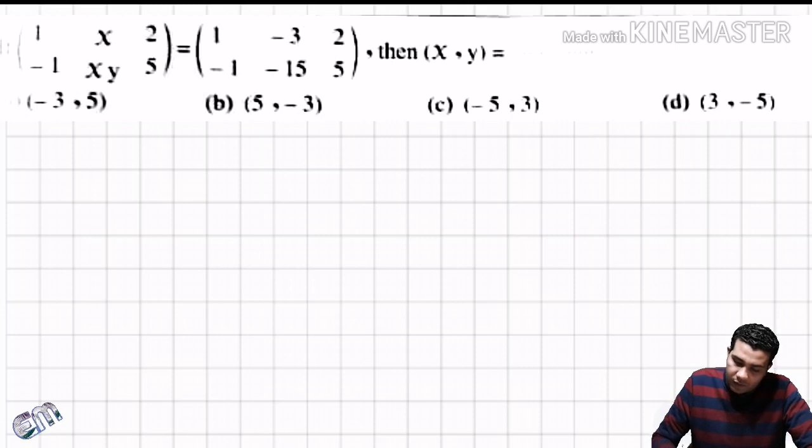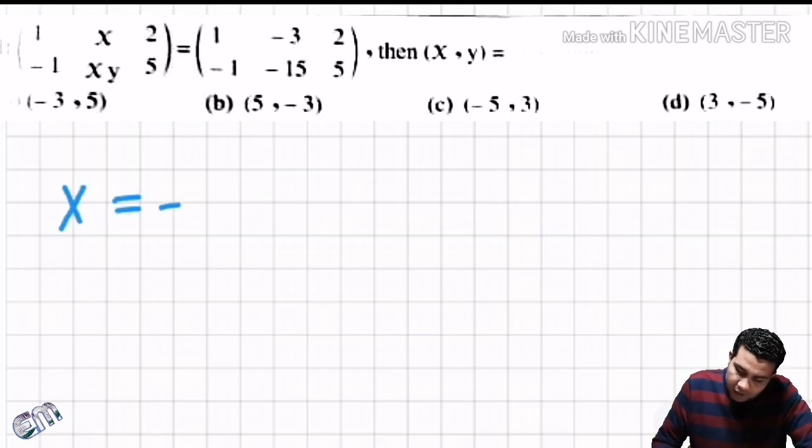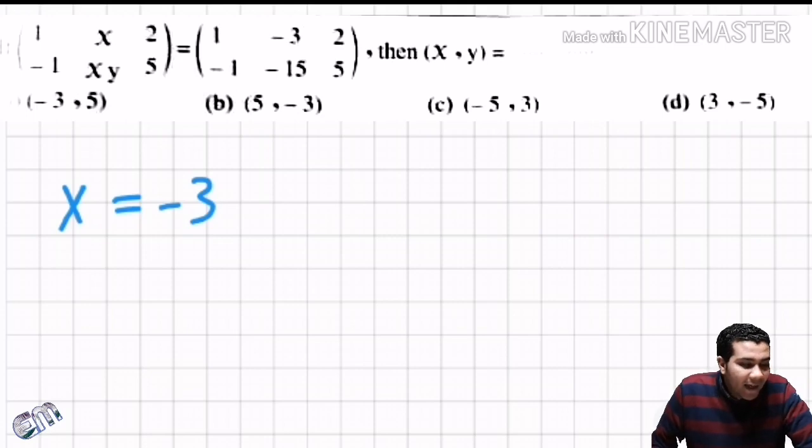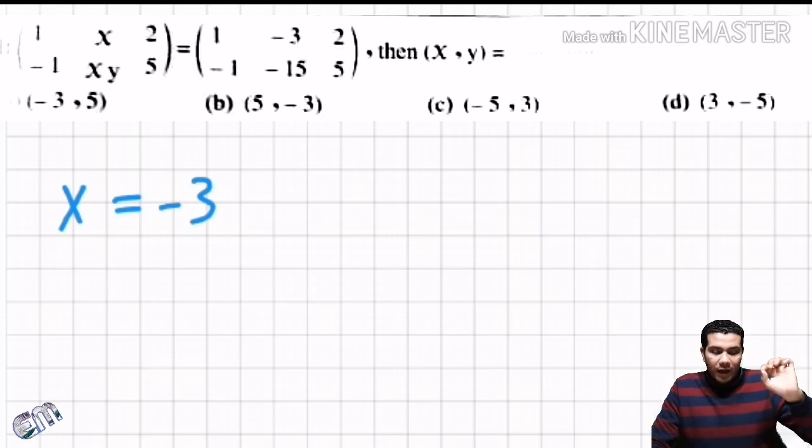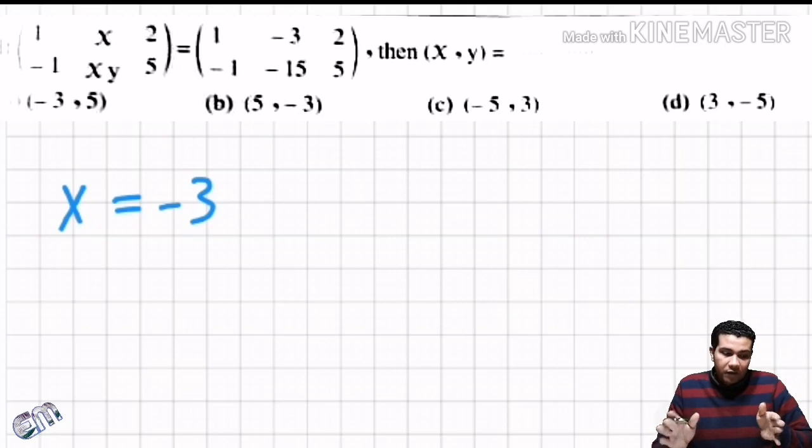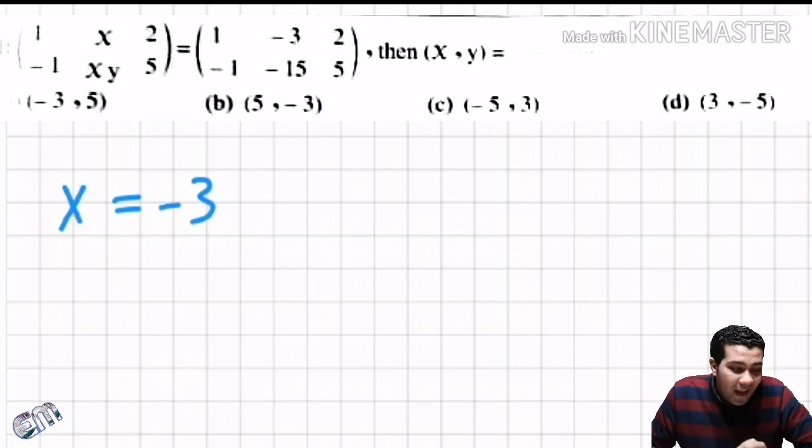Therefore, x equals negative 3, because x lies in the first row and second column. What's the element which lies in the first row and second column in the second matrix? Equals negative 3. Therefore, x equals negative 3.